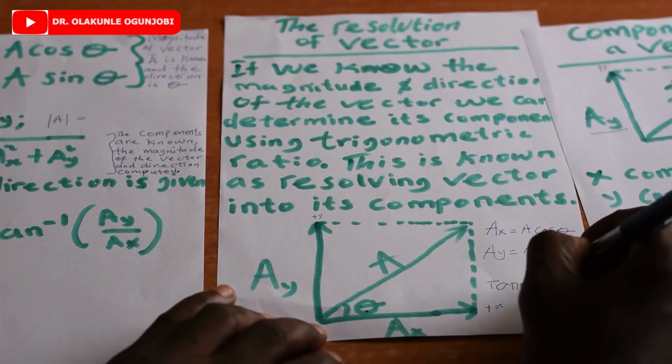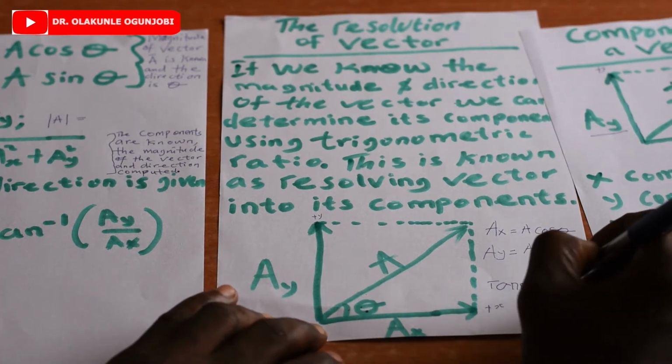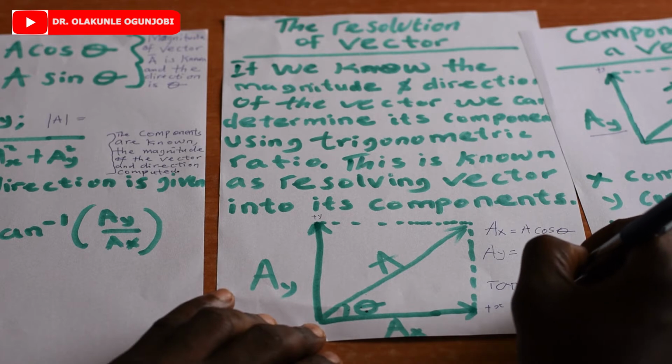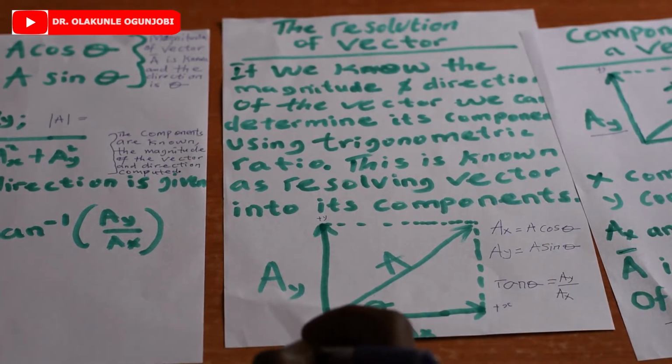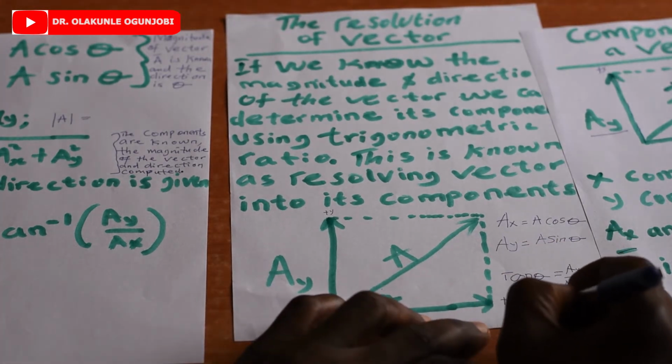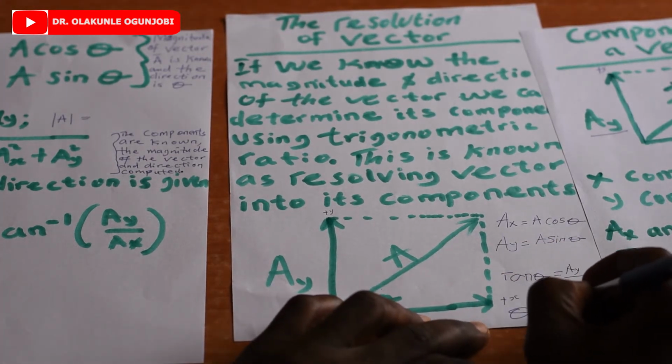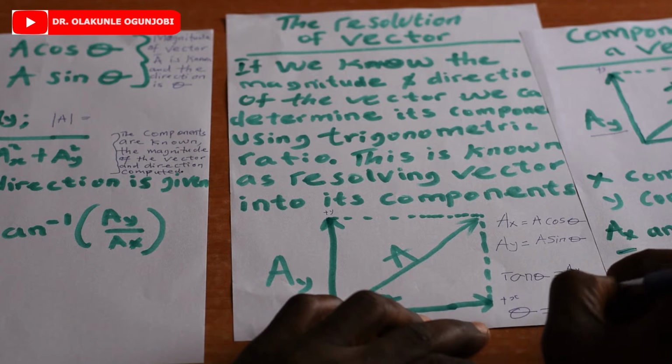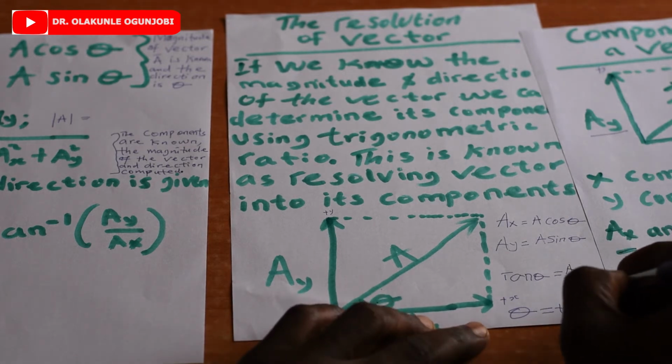So in this case, you have Ay over Ax. So invariably, your theta becomes tan inverse, the inverse of tan theta. Don't forget, Ay over Ax.